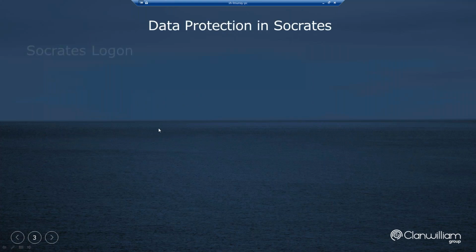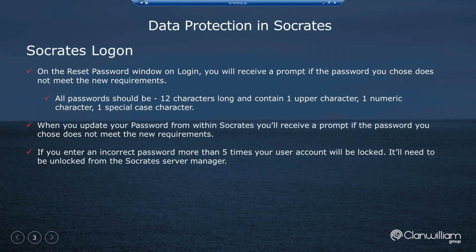So there's a few different things added into Socrates for this. And the first thing is the Socrates logon. When you reset your password on logon, you'll receive a prompt if the password you choose does not meet the requirements. The requirements now are that it has to be at least 12 characters long. It needs to contain 1 uppercase, 1 numerical character, and 1 special character.